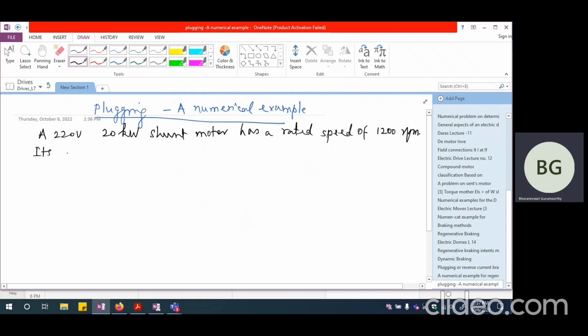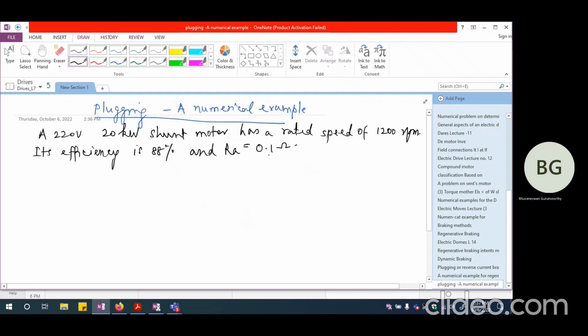Its efficiency is 88% and RA value, the armature resistance value, is 0.10. This motor is braked by plugging.